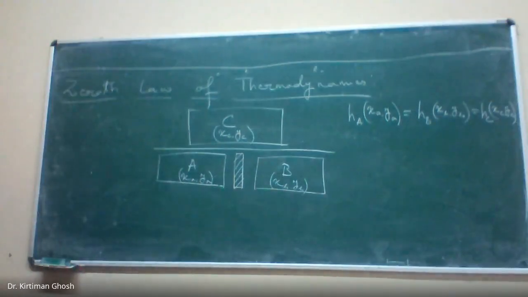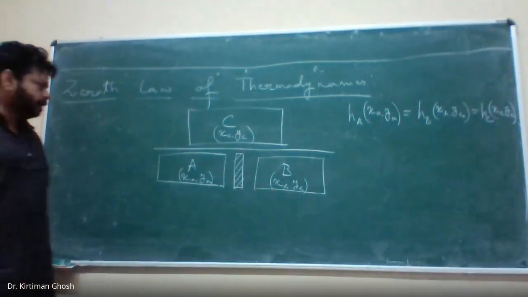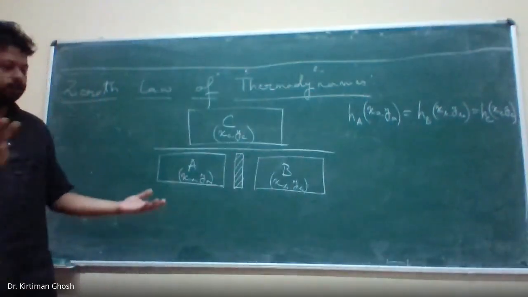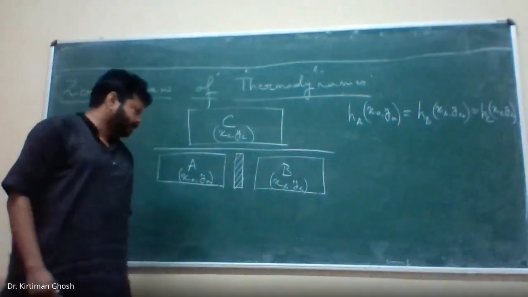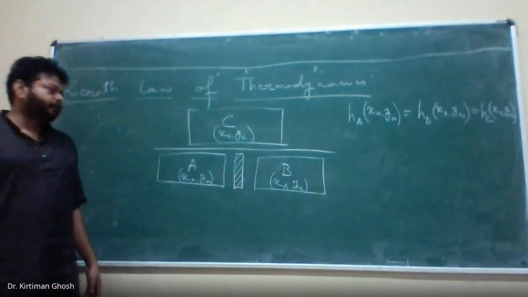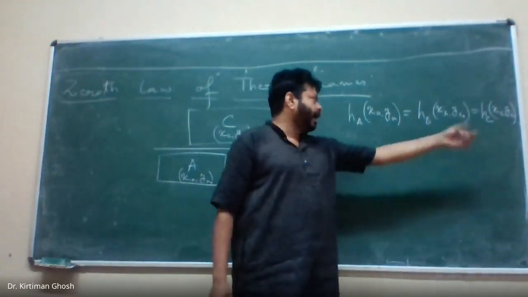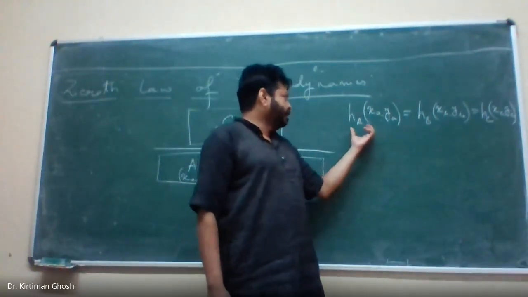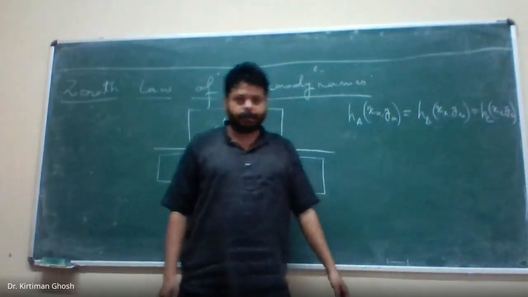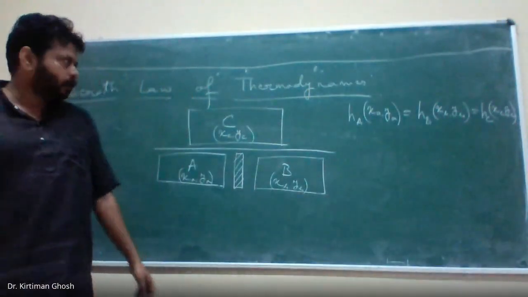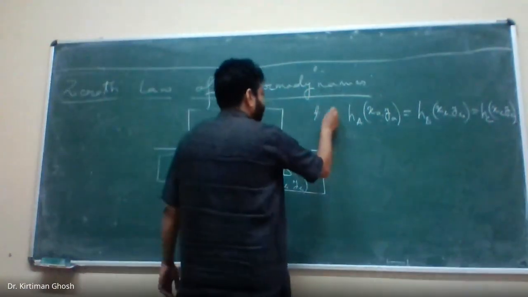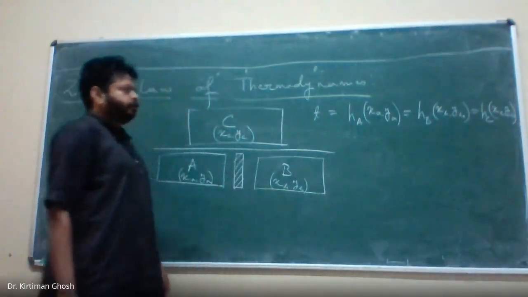So if three systems A, B, C are in thermal equilibrium with each other, and the systems are described by two thermodynamic variables, say x and y, then there should exist functions HA, HB, and HC such that these functions are equal. We define this quantity as the empirical temperature.